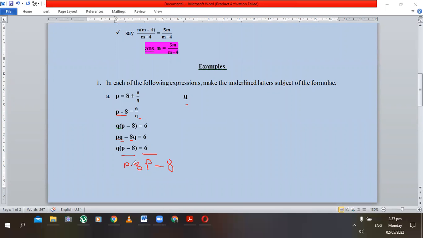And once that happens, these things will cancel, and our answer will be Q is equal to 6 over P minus 8. We have made Q the subject of the formula.